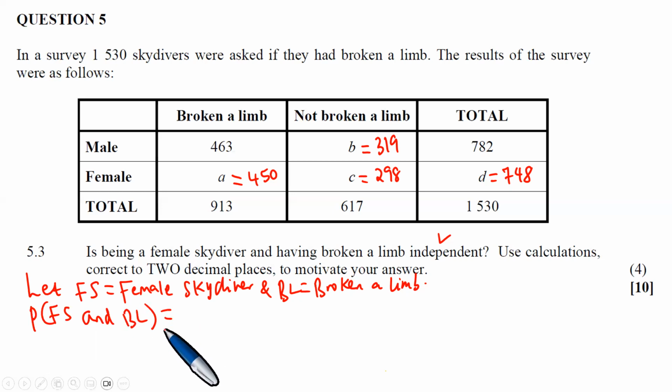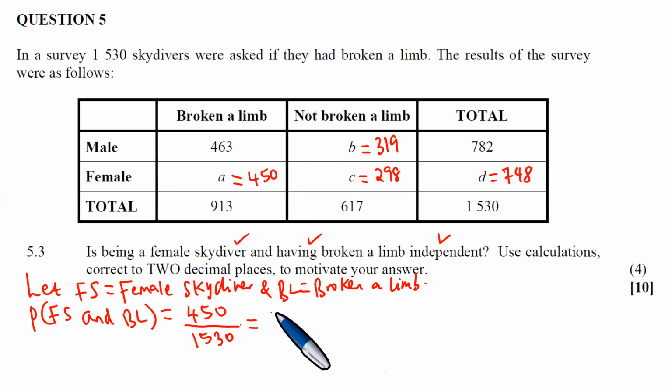So that is going to become female skydiver and broken a limb. Female skydiver having broken a limb. So you have to look at the fact that female broken a limb. How many? 450. So you put 450 here. You divide everything by total of everything, 1530. Simplifying this fraction here is going to become 5 out of 17.